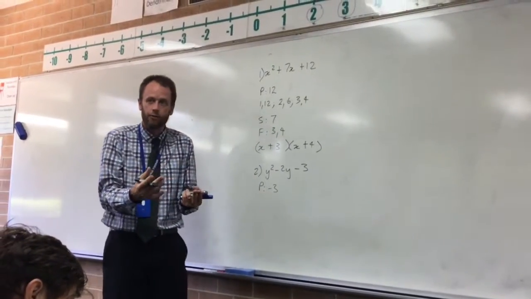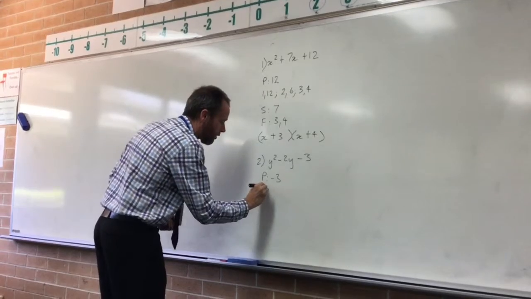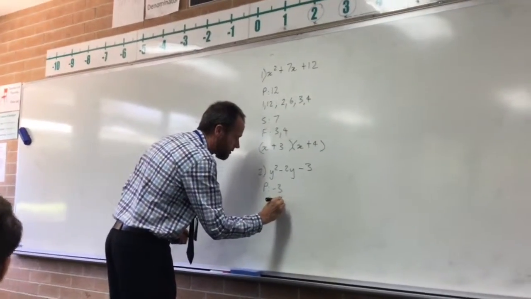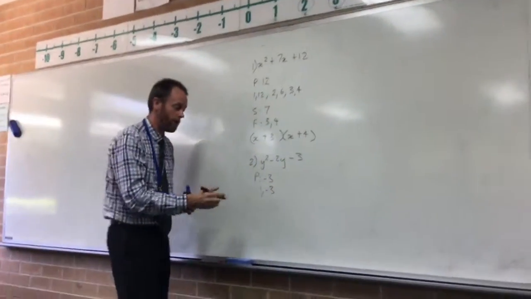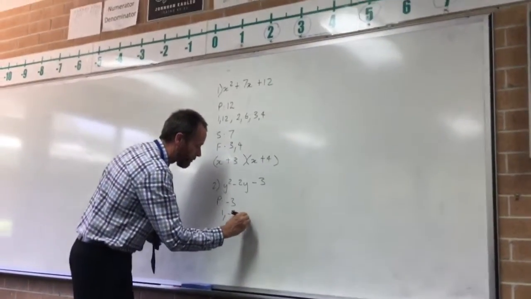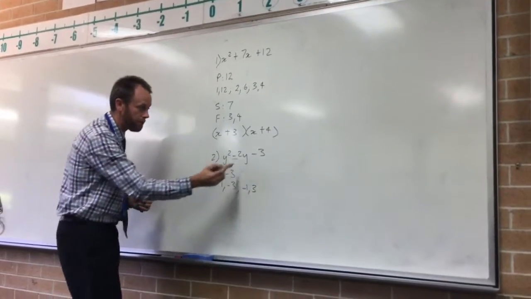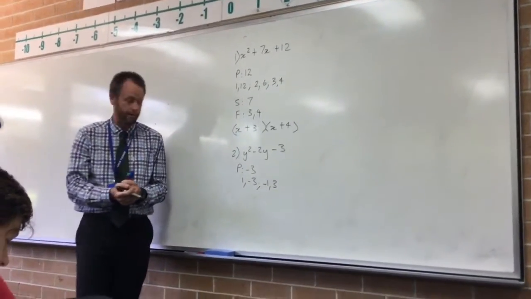Now the factors of 3, there's only 2. It could be 1 and minus 3, or it could be minus 1 and 3. They both multiply together to give minus 3.